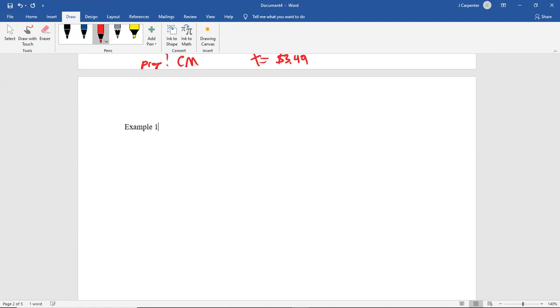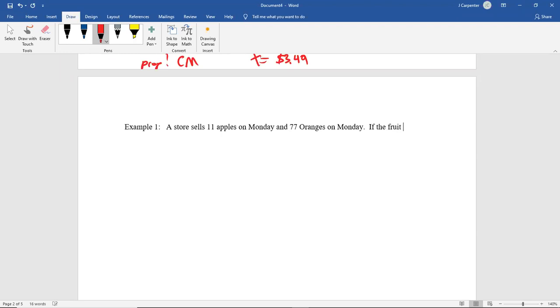So example, let's just call it 1. And I really like fruit for this just because it's simple to do. A store sells 11 apples on Monday and 77 oranges on Monday.